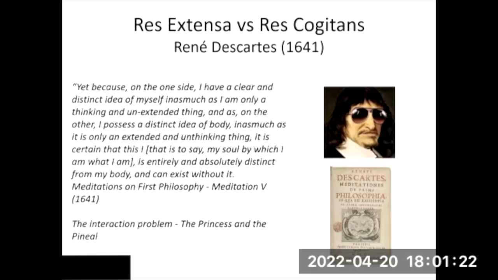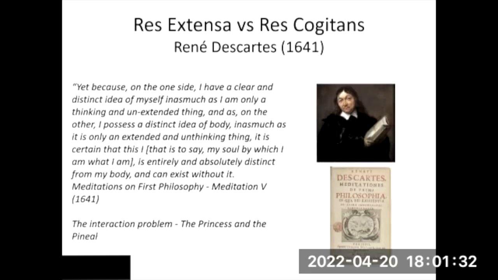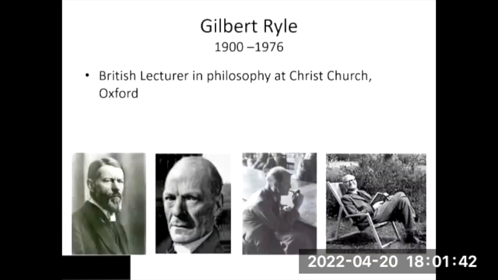The physical realm had extension, size, and location in space, whereas the mental realm didn't. This left him with the so-called interaction problem, which Princess Elizabeth of Bohemia famously picked him up on. We haven't got time to discuss that.